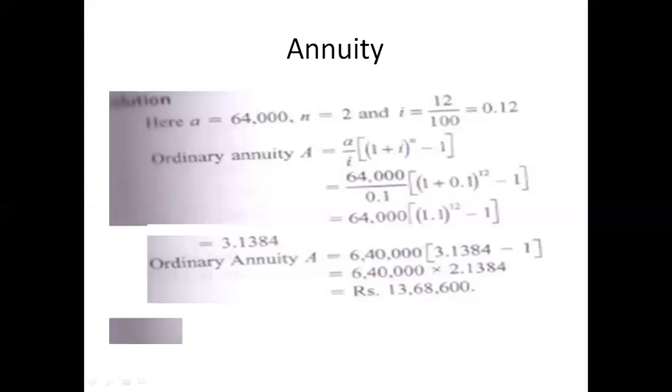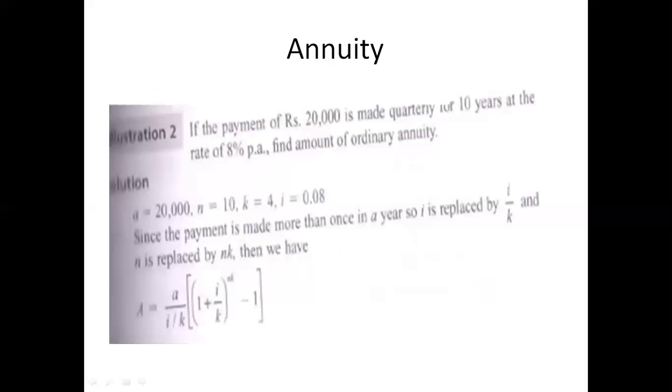That is, 1.1 to the power of 12 is equal to 3.1384. Now this minus 1 is 2.1384, into 6,40,000. That gives us 13,68,000.